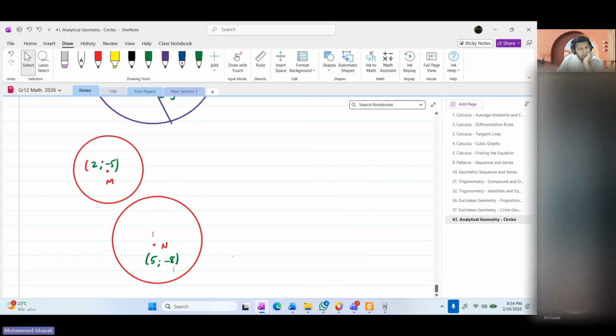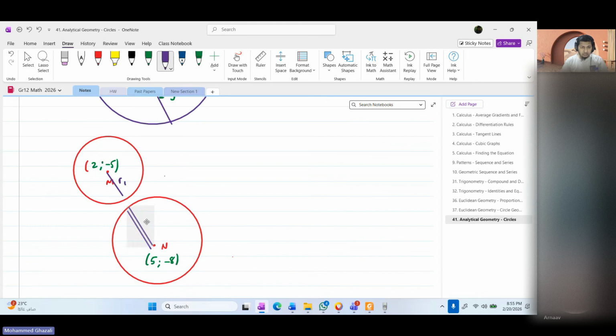Now, I want to know what's the radius here. The radius of this first circle. What's the radius 1? And the radius of the big circle, what's the radius 2? And then I can check whether if they intersect or not.